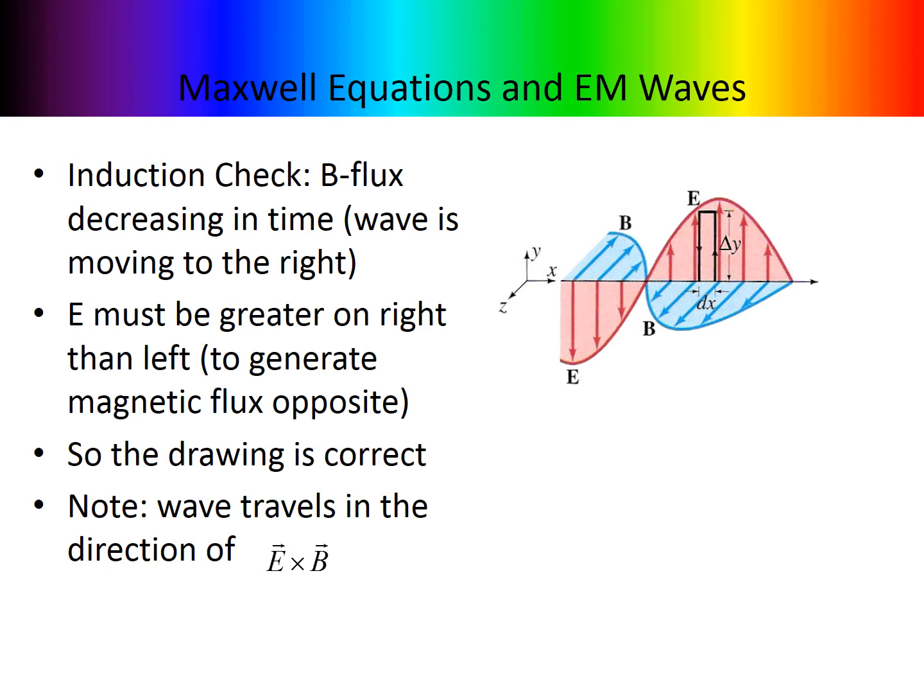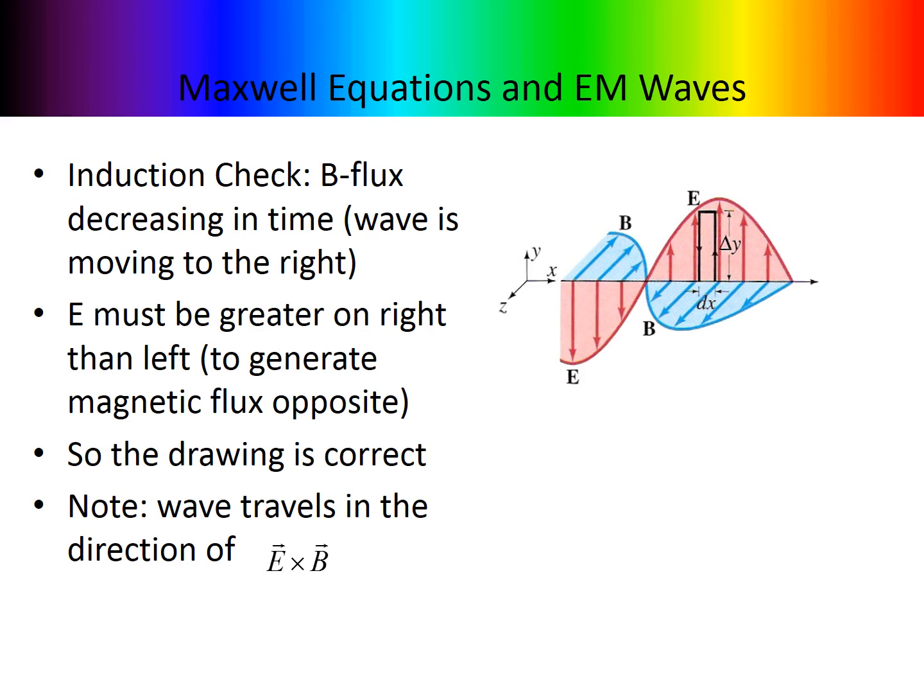And if we put our thumb in the direction of electric field, which would be like the current direction, we see that magnetic flux through the path that we've drawn will be increasing out of the page to compensate, and that's what we want. So hopefully that makes sense.